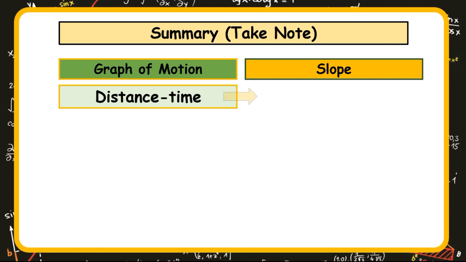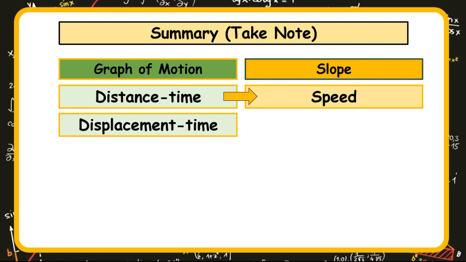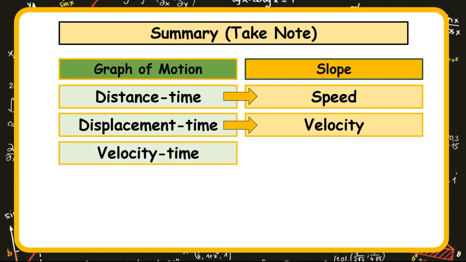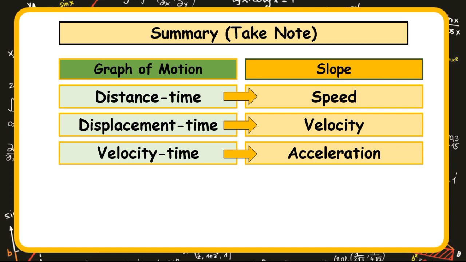I believe you said speed. What of displacement time graph? You are right if you said velocity. Last, the velocity time graph. Its slope is acceleration. So take note of this as well.